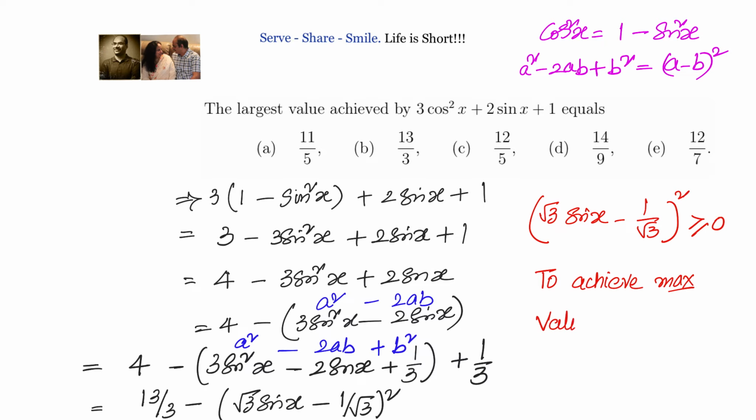When that becomes equals to 0, we are subtracting minimum value. When we are taking out negative value minimum, that means we will attain maximum value. So our answer will be the largest value achieved by the function will be 13 by 3.